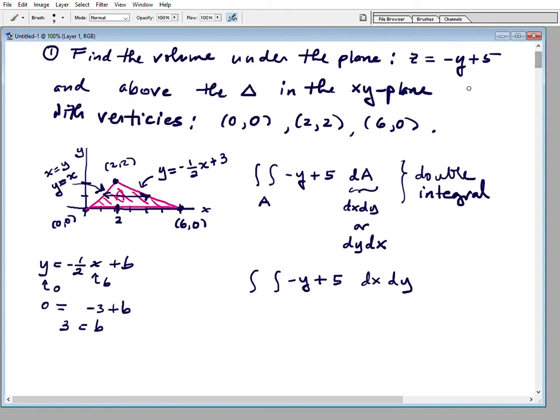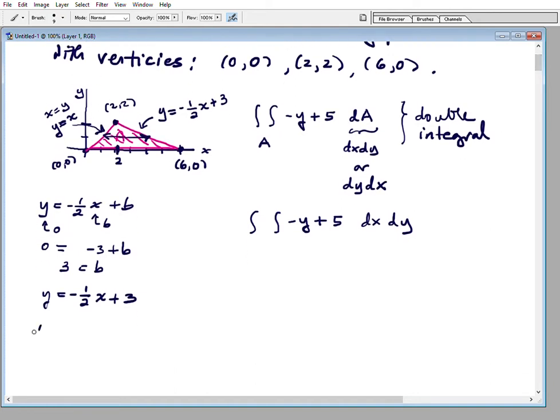So I want x equal. Let's just solve this for x. I'll put the 1/2 x on this side, and there we have minus y plus 3, and then multiply both sides by 2. So we have minus 2y plus 6. So that's what that is.